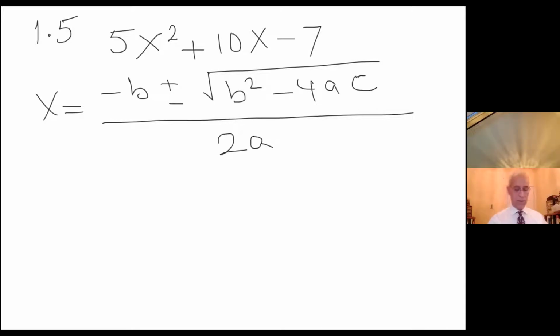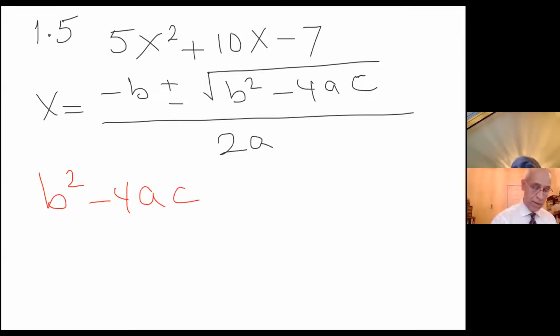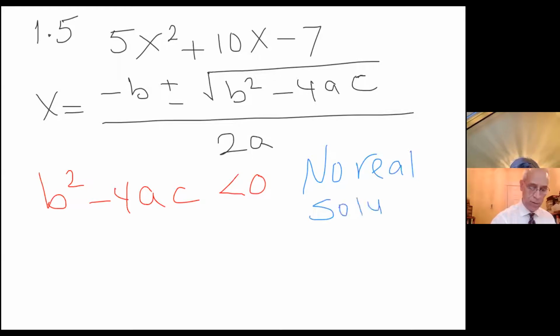And what I have to know is that if b squared minus 4ac is negative, in other words, if it's smaller than 0, I have no real solution. What does that mean? That means that the graph of this quadratic will never hit the x-axis.